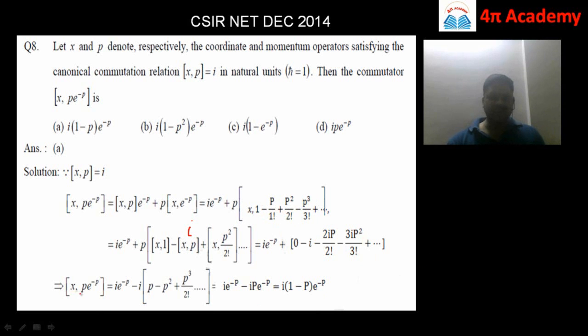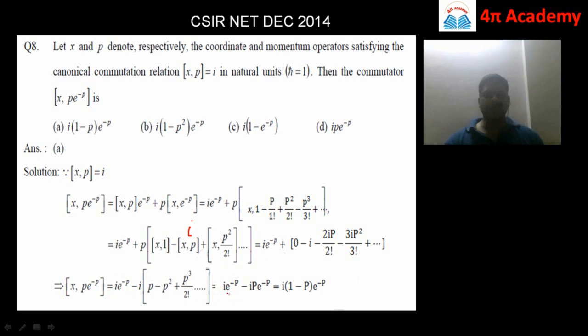So [x, p e^(-p)] will be equal to the first term, that is i into e^(-p), minus i, in bracket, rearranging these terms, we get p minus p squared plus p cubed by 2 factorial plus and so on.